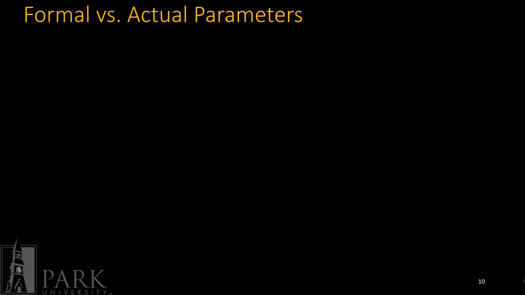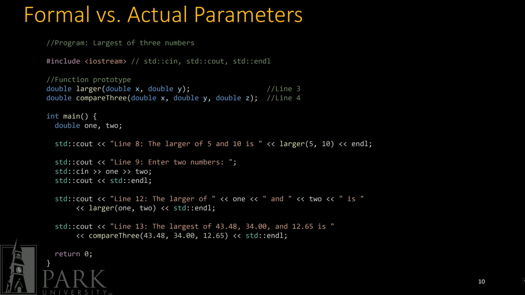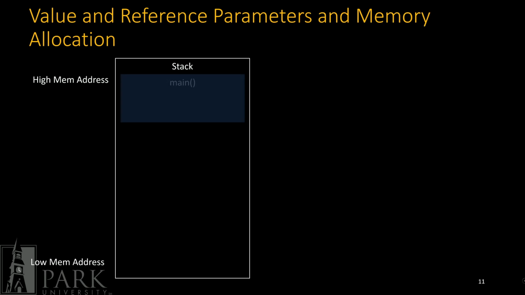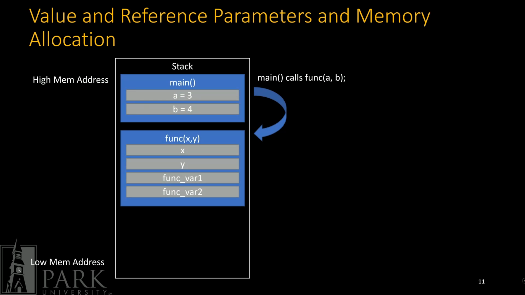For example, here the actual parameters 1 and 2 will be passed into the formal parameters x and y when it's called. When a function is called, memory for its formal parameters and local variables is allocated in the data area for that function, and this is known as a stack frame.